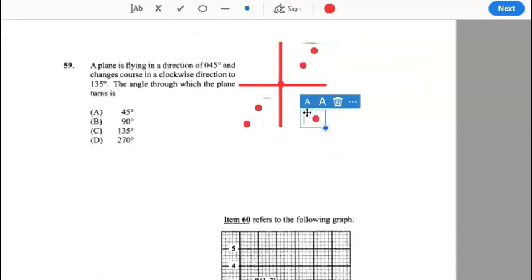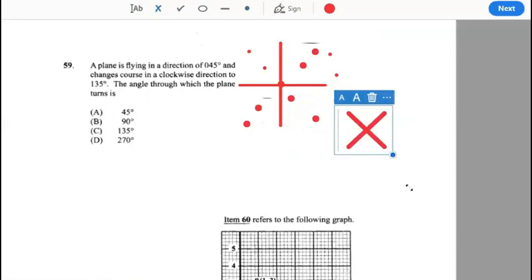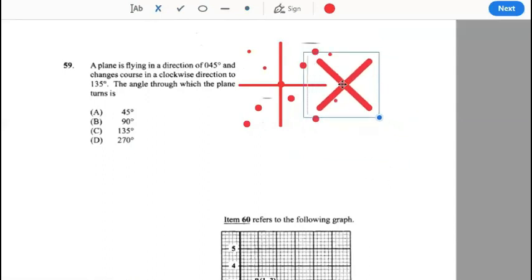So 135 will be about here. So this is our 135. So what we're trying to find now is the difference between this here and this here, and that is 135 degrees minus 45 degrees to give us 90.